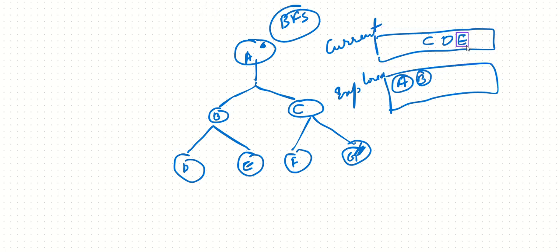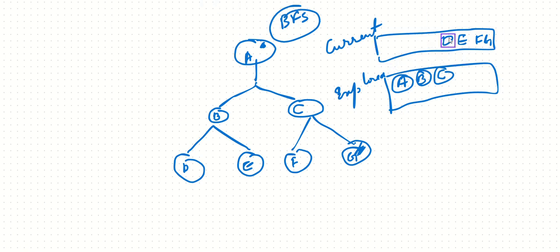So now we have C, D and E. First we check C. Since we checked C, it goes into the explored set. What is next after C is F and G. Then C goes to the explored set and we remove it from the current set.